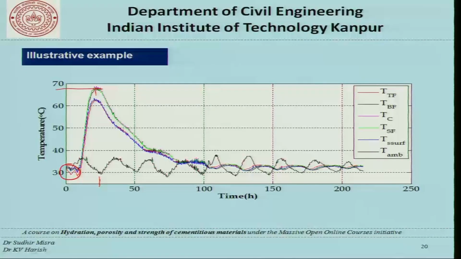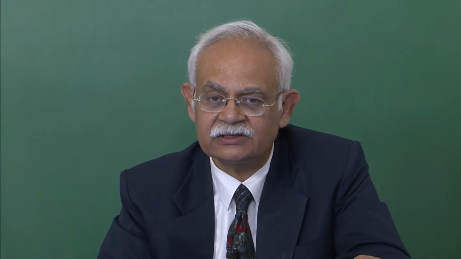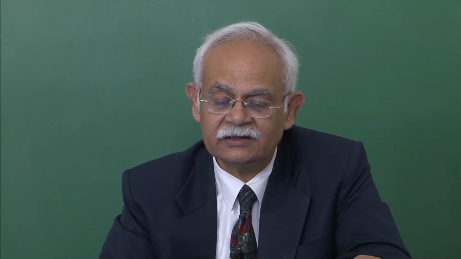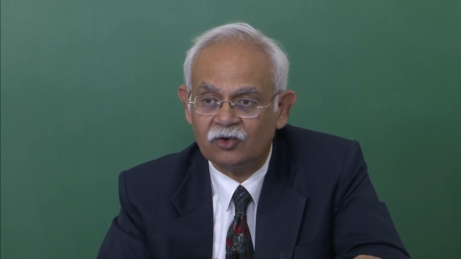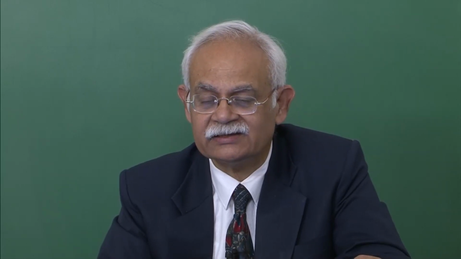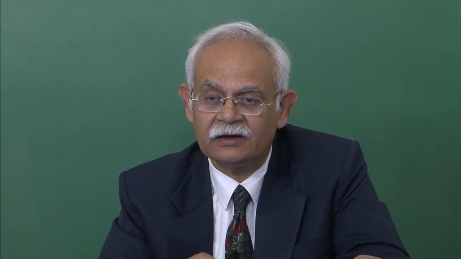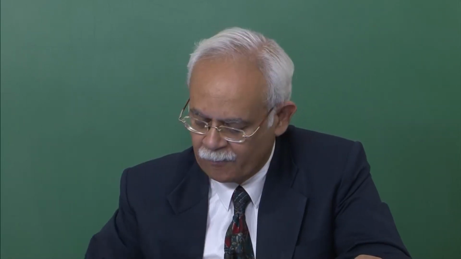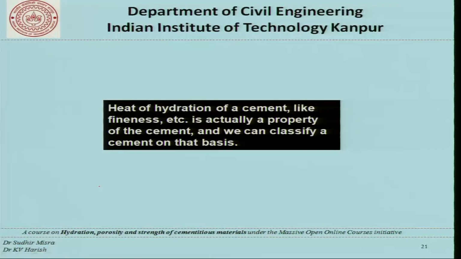Now this actually is worth noting that depending on the size of the block, depending on the constitution of the concrete, the temperature rise is not very small. It is a substantial temperature rise, and this happens not at the surface of the concrete but in the core of the concrete, and that is the essence with which we discuss mass concrete definition and how to handle mass concrete.